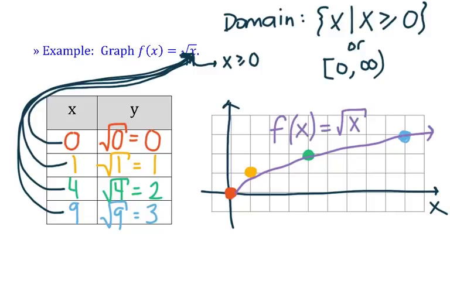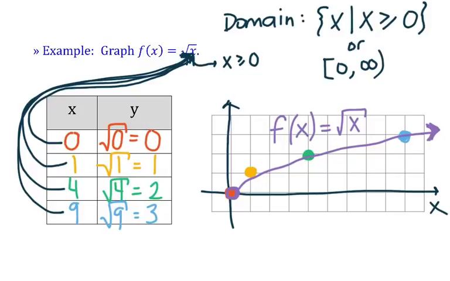And that's pretty much it. Please note that I do have an arrow on the right hand side indicating it continues to grow in that direction. However, it does not ever go to the left of the point x equals 0, y equals 0. So that would be our radical function.